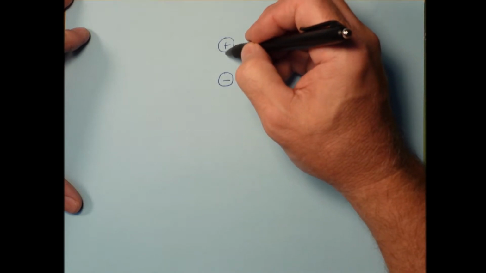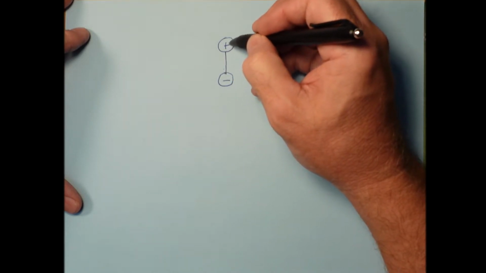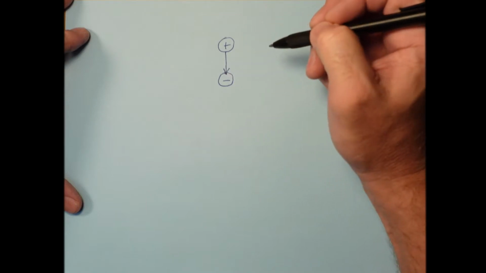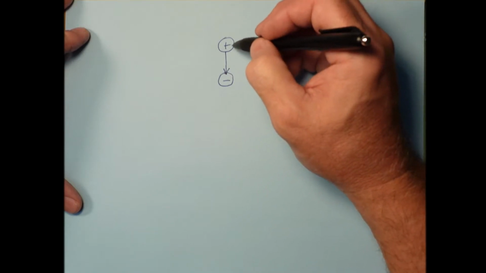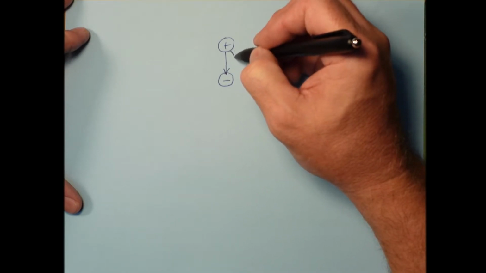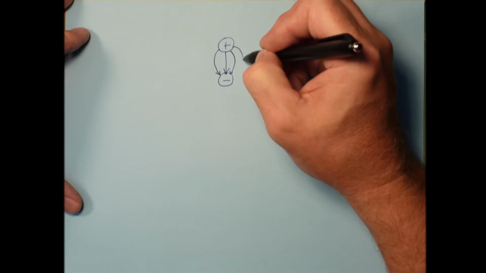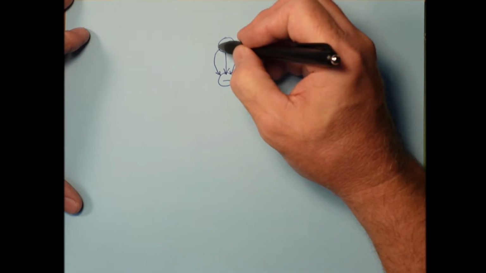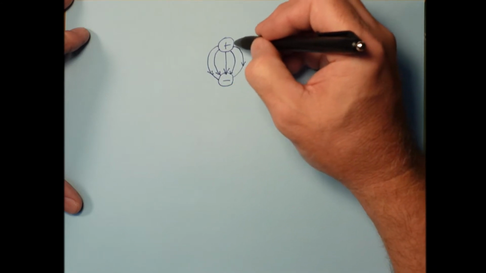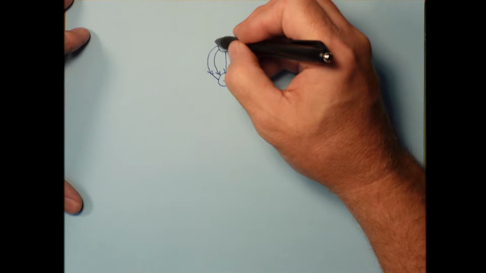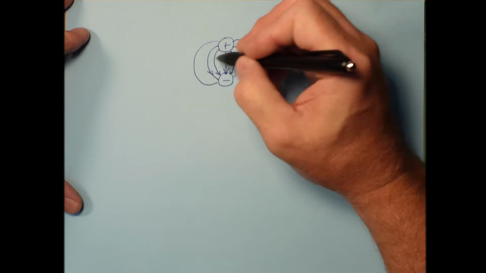The electric field lines start at the positive charge, terminate at the negative charge. But they don't just go in a straight line like that. They're going to go like this. And you may have seen this kind of pattern, and you very likely will see this kind of pattern if you do a lab exercise where you have to map the electric fields.